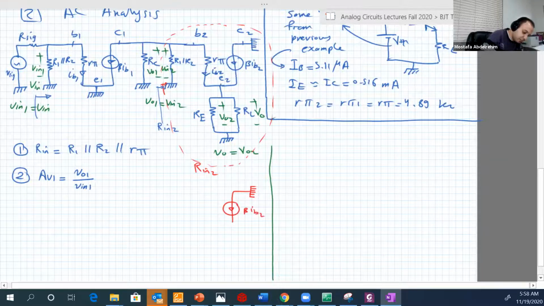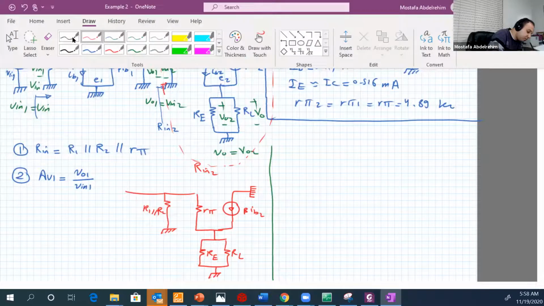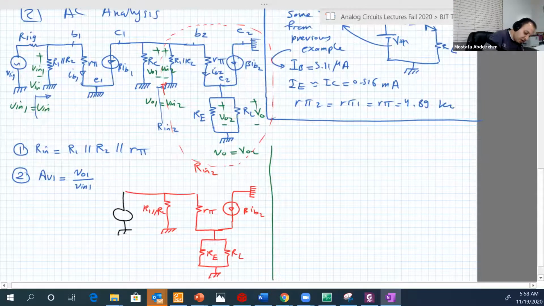Beta IB2, R pi, RL, RE, R1 parallel R2, and let's assume there is a source Vx that produces a current called Ix, and R input 2 is equal to Vx over Ix.